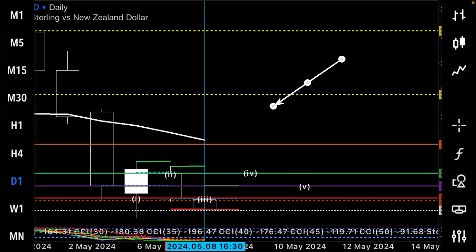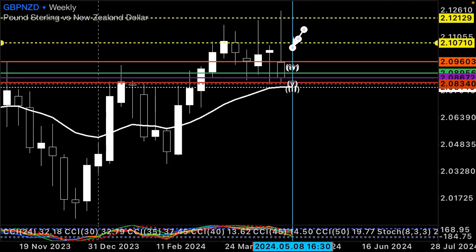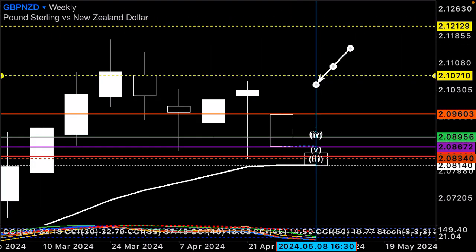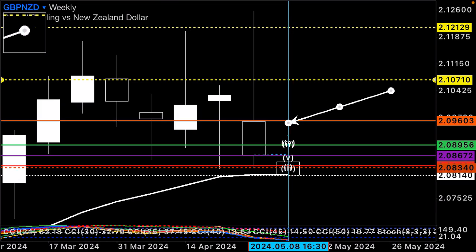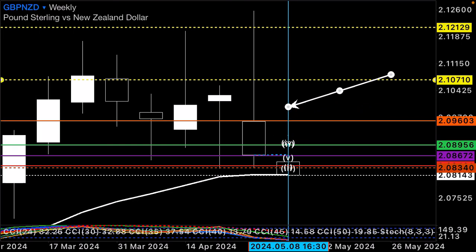So when the chart goes to the weekly chart, here's the previous weekly bar. The orange line is the high, the purple line is the low. And then go to the monthly chart.